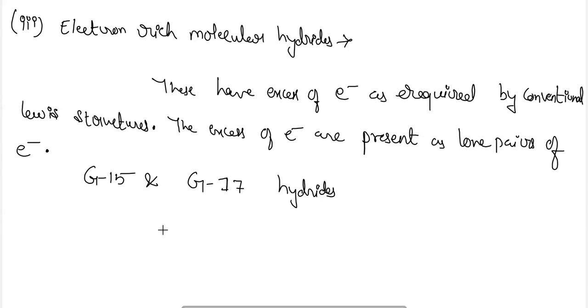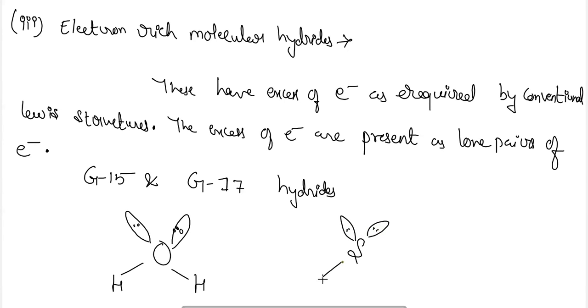An example is oxygen having two lone pairs and two hydrogens combined to it. This is the structure of water. For H2S also, sulfur has two lone pairs and two hydrogens combined to it.